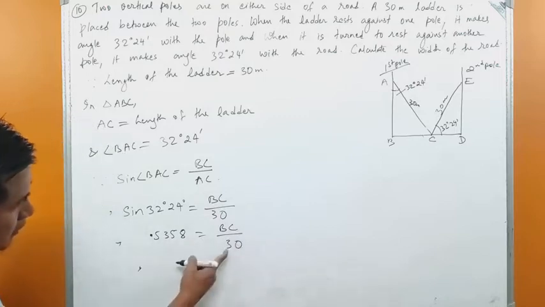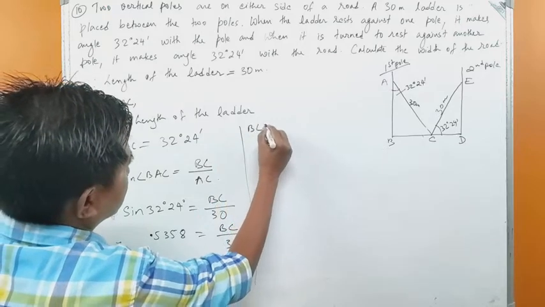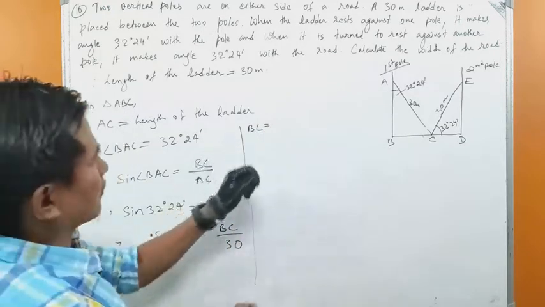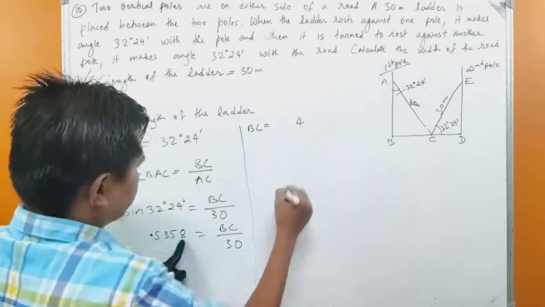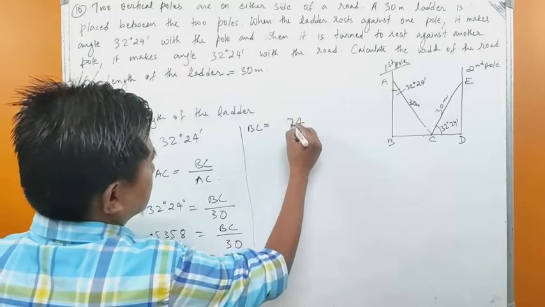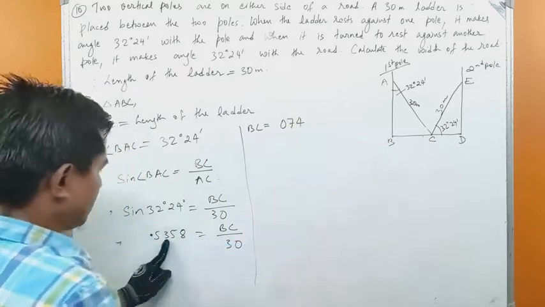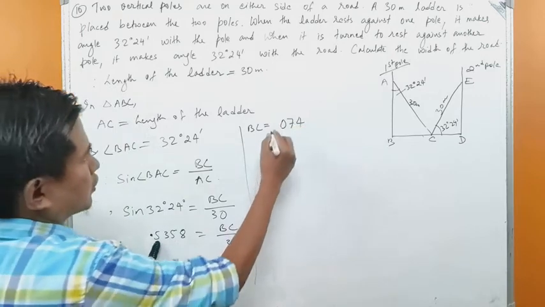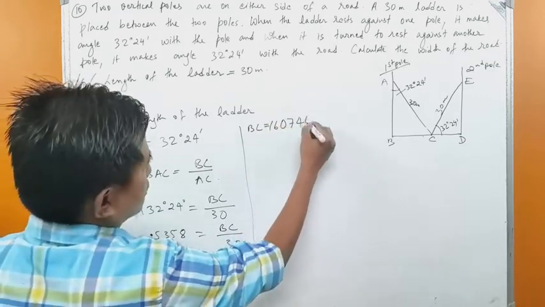Okay, BC upon 30. Now we multiply this, so BC equals to 3 8s are 24, 3 5s are 15, 16, 17, 3 3s are 9, 10, 3 5s are 15 plus 1, 16. Now we have 0 here, so we must put this 0 as well.